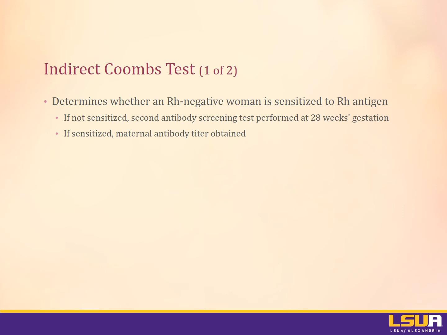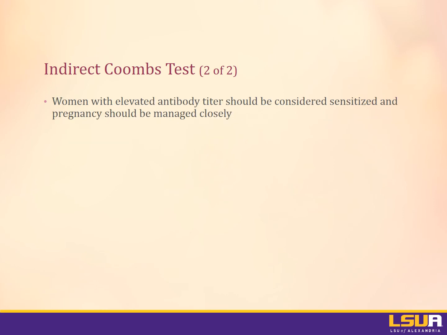The indirect Coombs is going to be done on the mom. We'll do a direct Coombs on the baby if we need to. Women with elevated antibody titer, we need to consider them sensitized, and we have to manage them very, very closely. This is why those histories are so very important.